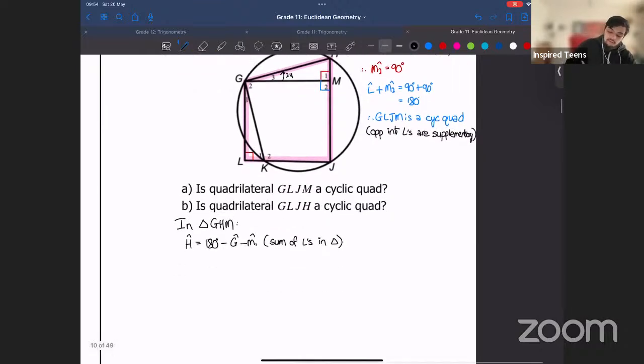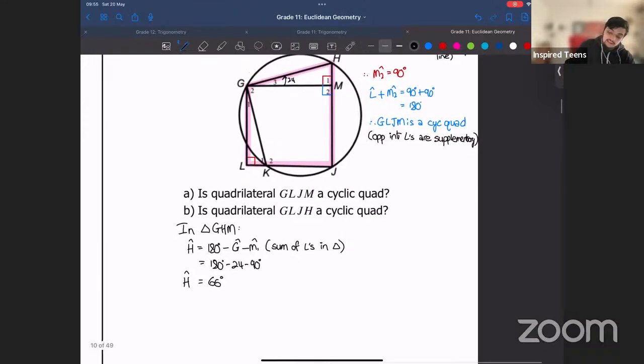Okay, so therefore H is equal to 180 minus 24 minus 90. So it's 90 minus 24, 66. So it's 66.